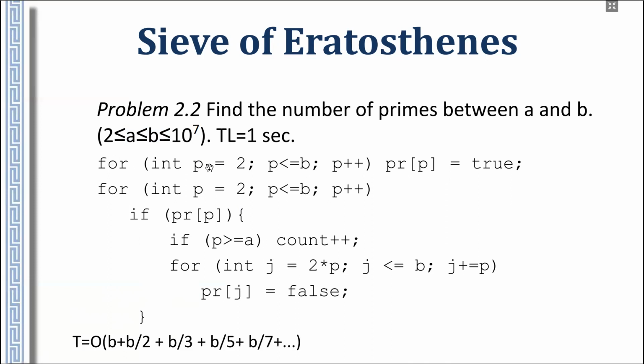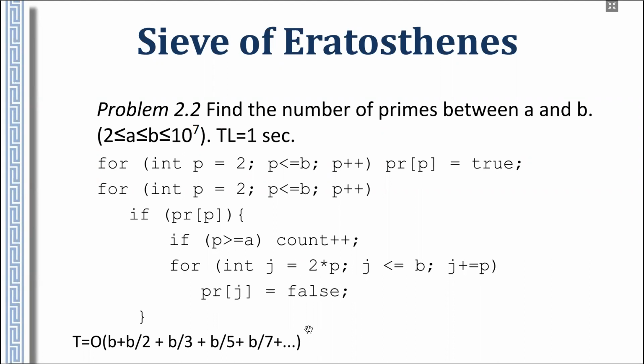So definitely the first for loop takes B steps. Then if we look at this inner for loop, first it takes B over 2 steps, then B over 3 steps, then B over 5 steps, and so on. So over prime numbers, we have such a sum.